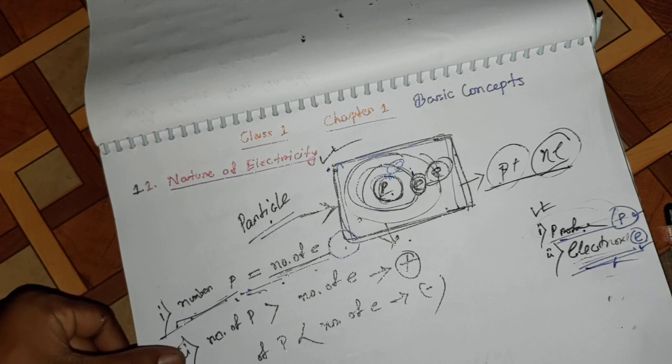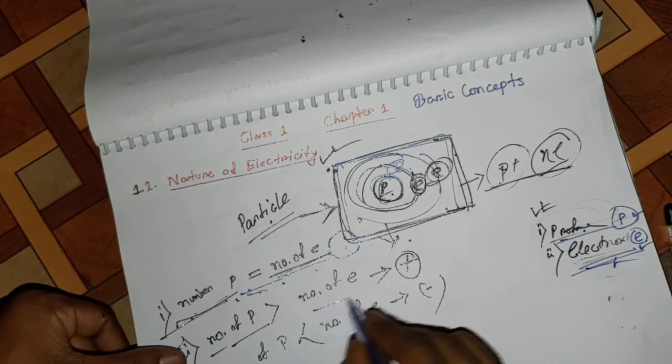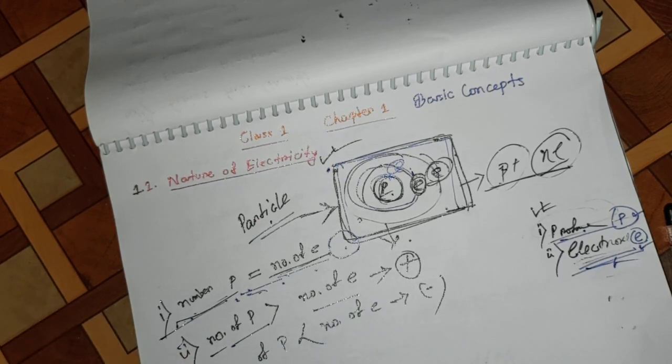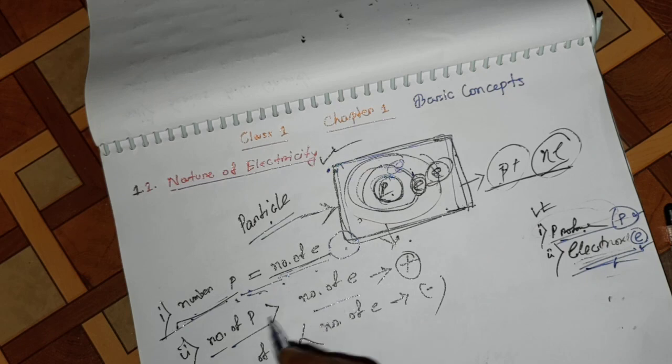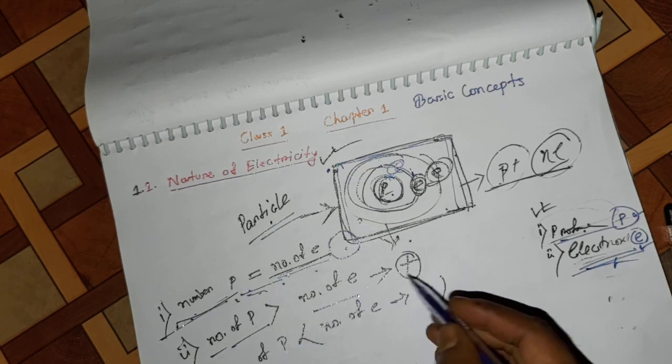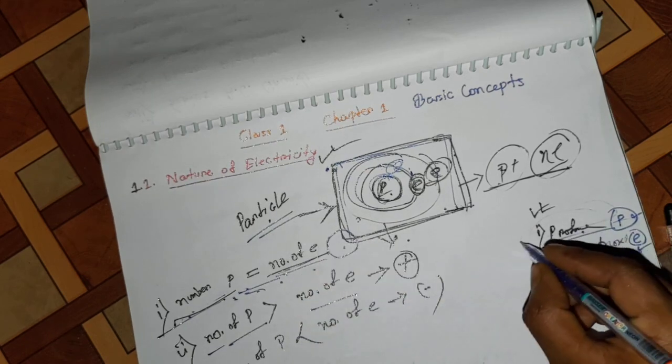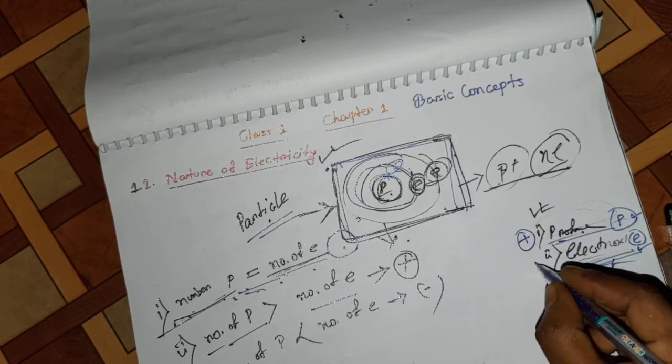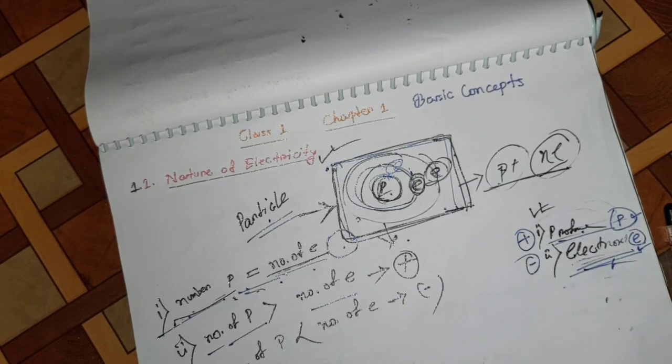In the second condition, when the number of protons is greater than the number of electrons, the particle is positively charged, since proton is always positive and electron is always negative.